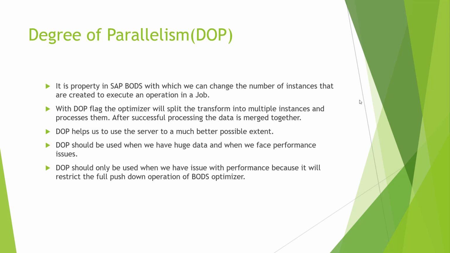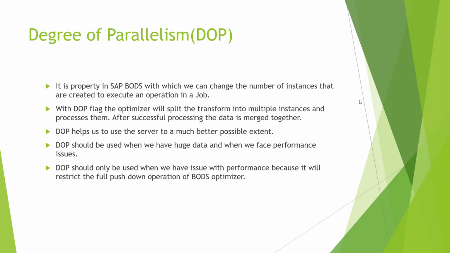So DOP should be used when we have huge data and we also have performance issues. Only when we face performance issues, it's advised to use degree of parallelism. If everything is fine and we are dealing with a little amount of data, then we should not use this, because BODS already has an optimizer.